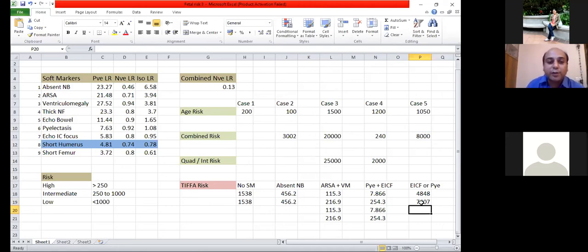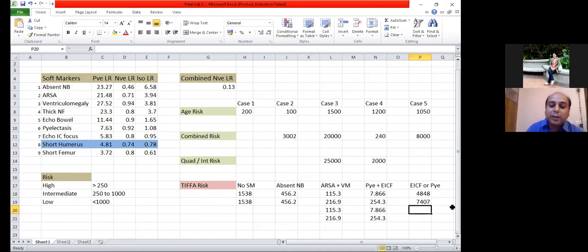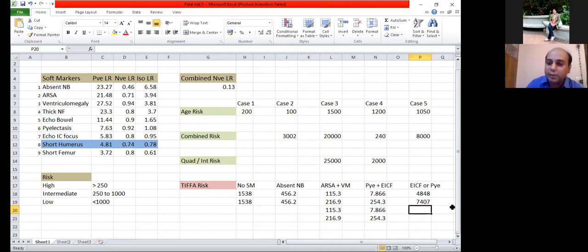The presence of echogenic intracardiac focus or pyelectasis does not significantly change the risks. So invasive tests are not required for them. However, it is being done in our society, that's a different thing, but we can skip that. It is actually individual's choice.